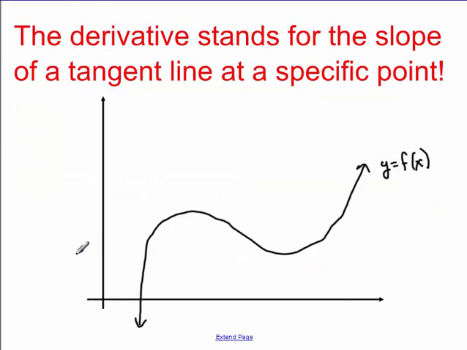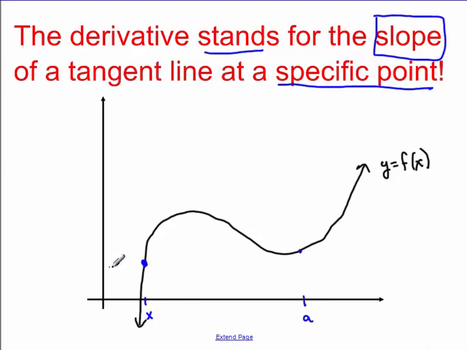Okay, so as I was just saying on the last slide, derivative stands for the slope of the tangent line at a specific point. Okay, so say we have a point here, let's call that x, and then we have another point here, let's call that a, and we look at the slope of the line through those points.